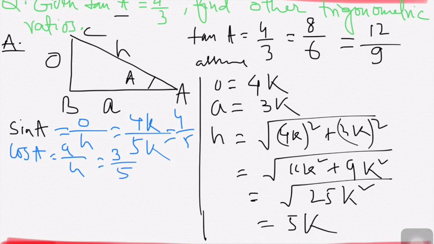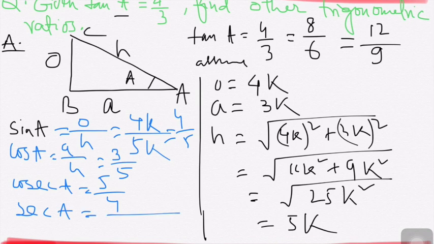Tan A is already given. So we'll move to cosec A, which is inverse of sin A, 5 by 4. There is sec A, inverse of cos A, which we can write as 5 by 3, and cot A, which is inverse of tan A, so we can easily write 3 by 4.